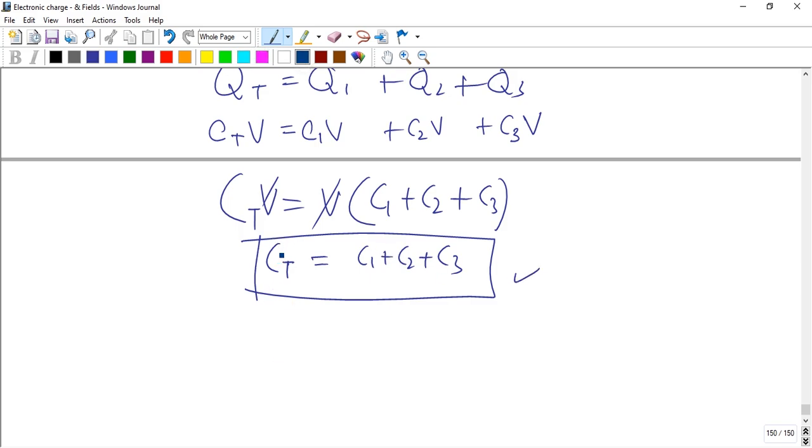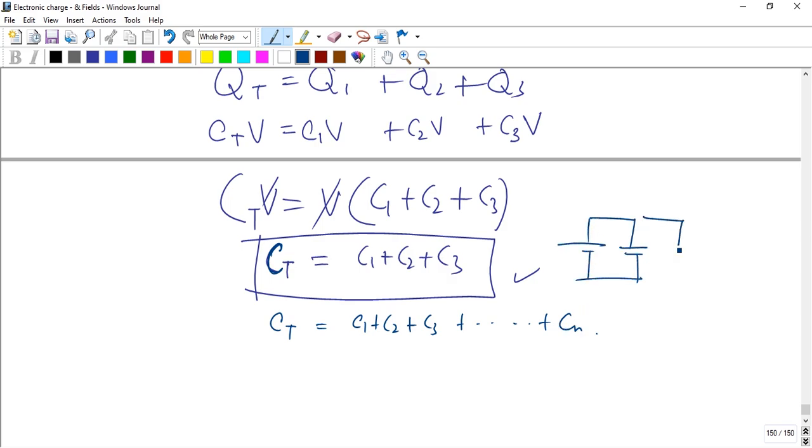Just we added the capacitance values of the capacitors. If n number of capacitors are connected in parallel, so here CT is C1 plus C2 plus C3 plus Cn. If n number of capacitors are connected in parallel, that is a battery, 1, 2, 3, and here n.